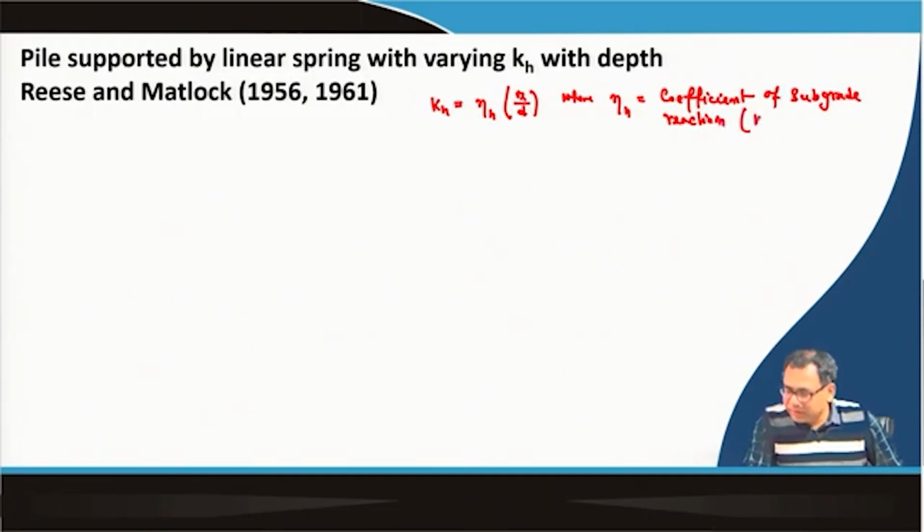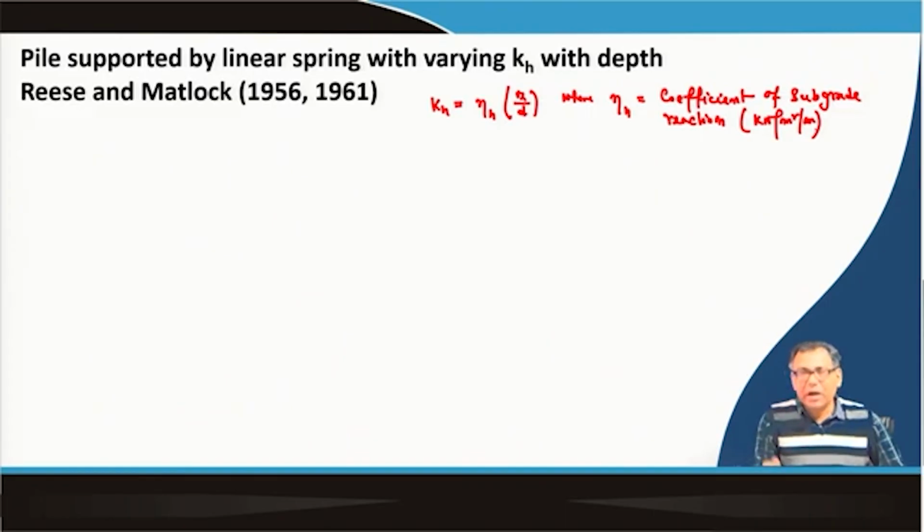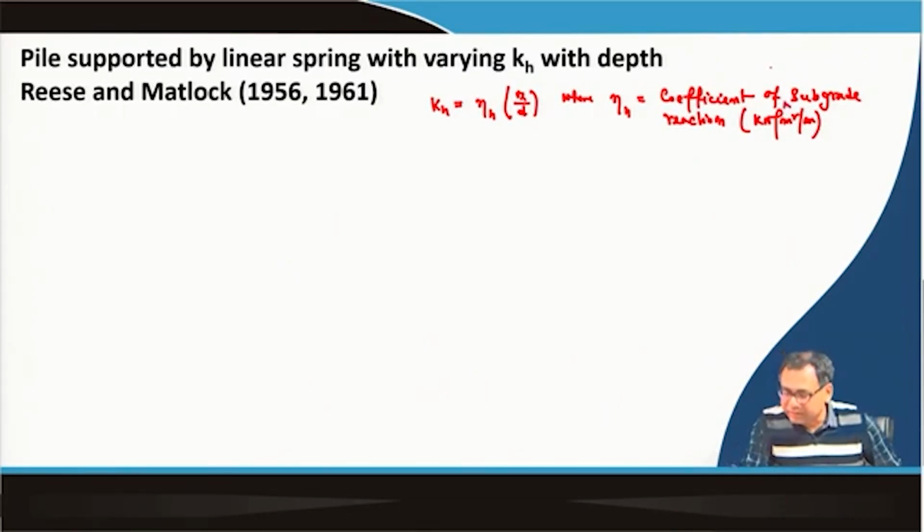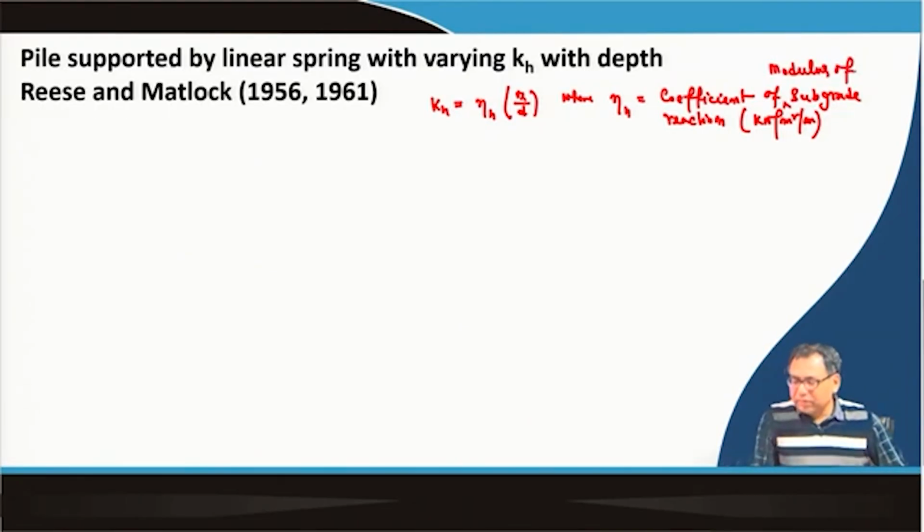Its unit is kilonewton per meter square per meter, and sometimes it is called unit subgrade modulus, unit modulus of subgrade reaction, coefficient of subgrade reaction, or coefficient of modulus of subgrade reaction.